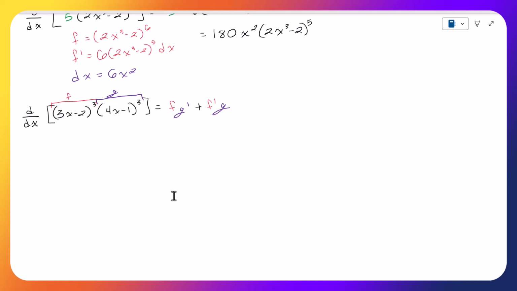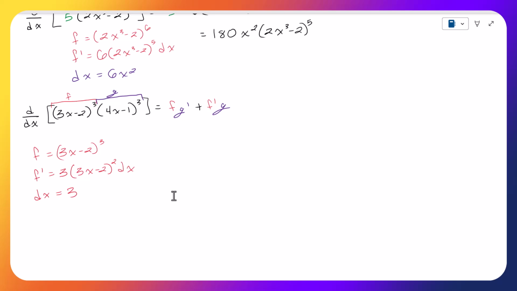Okay. And now we have f equals 3x minus 2 cubed. This is our power rule. F prime equals 3x minus 2 squared times dx. Well, what is our dx in this case? The derivative of our inside is just 3. The derivative of 3x minus 2 is just 3.